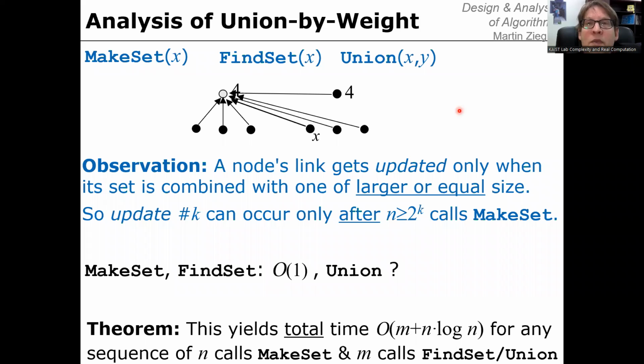Okay, that was our second algorithm and its analysis for realizing a disjoint set data structure as a forest of depth 1, this time with a union by weight heuristic, redirecting the pointers from the smaller set to the larger set.